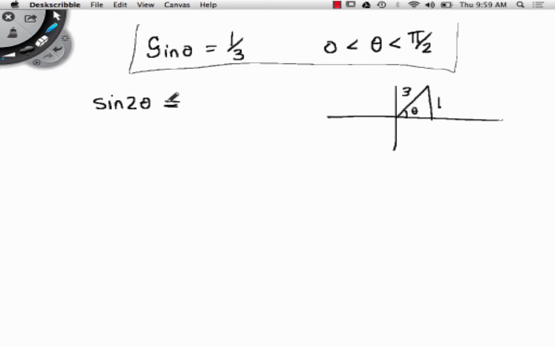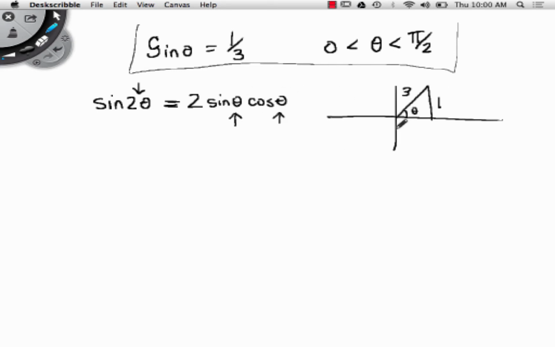Now I'm going to use the formula in this section. The sine of twice the angle is the same thing as 2 times the sine of theta times the cosine of theta. I can find those because I have the picture.